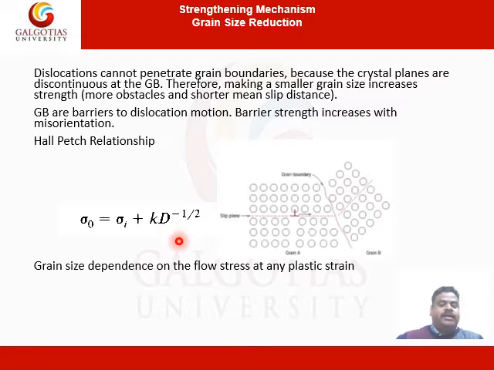Then d is the grain diameter. Thus we see the smaller the grain diameter, the greater the yield strength. But this is not applicable to a grain diameter less than 4 or 5 nanometers. Above that level, reducing the grain size will increase the yield strength of a material. So we see the grain size dependence on the flow stress at any plastic strain.